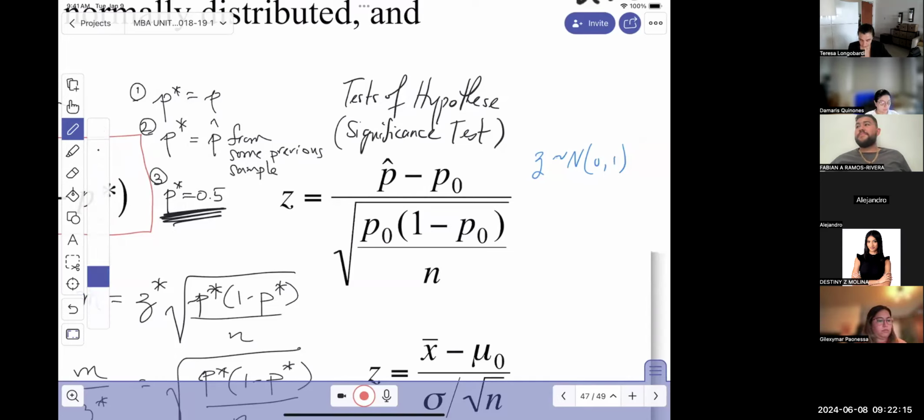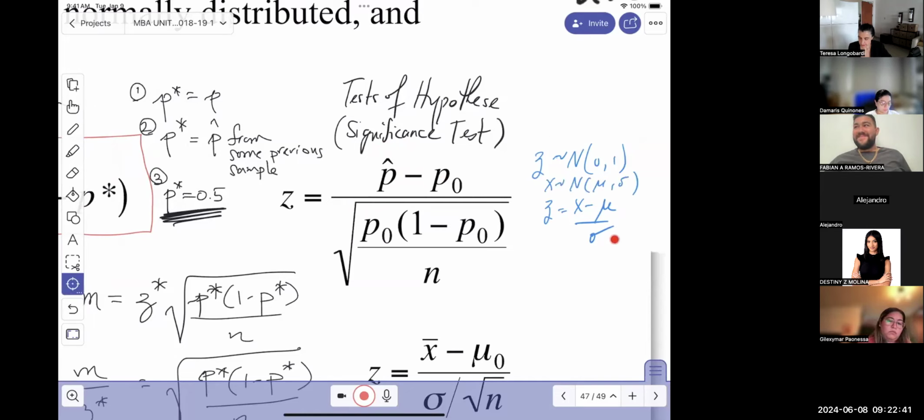I have to standardize a value by subtracting its mean and dividing by its standard deviation. So if X is given as normal with a mean of mu and a standard deviation sigma, the relationship between them is a standardized score.